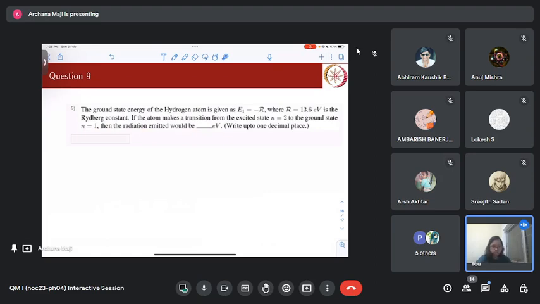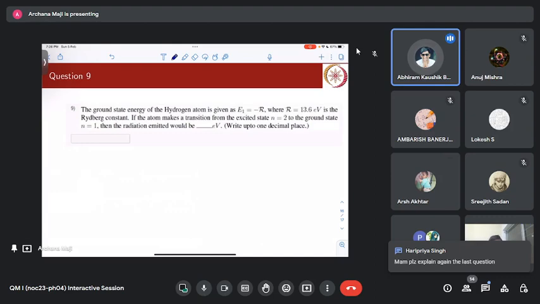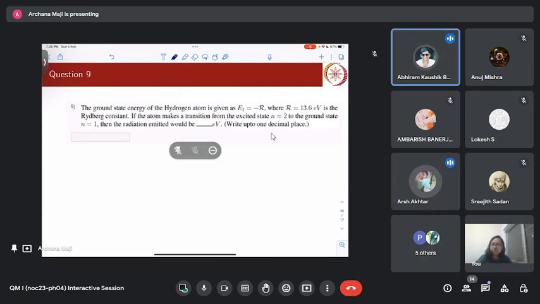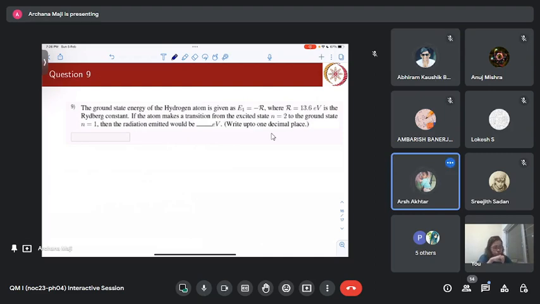Would you like to solve this? Can someone answer me? Please explain. Yes, I can solve, but it takes some time. 40.8 electron volt. Okay. 40.8 electron volts. Sorry, I have calculated 10.2.